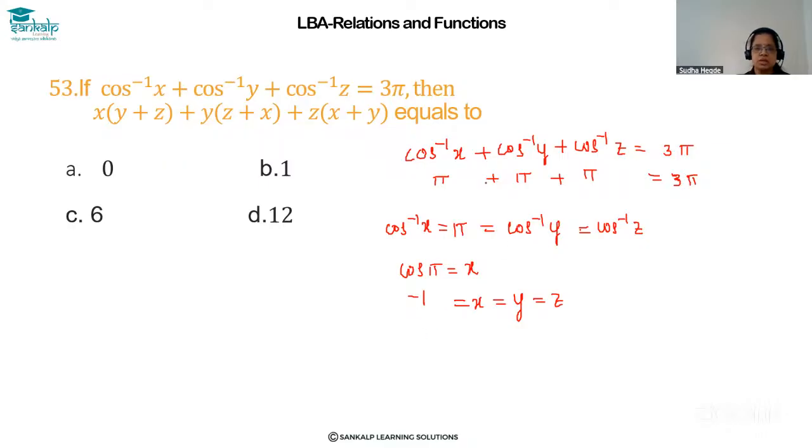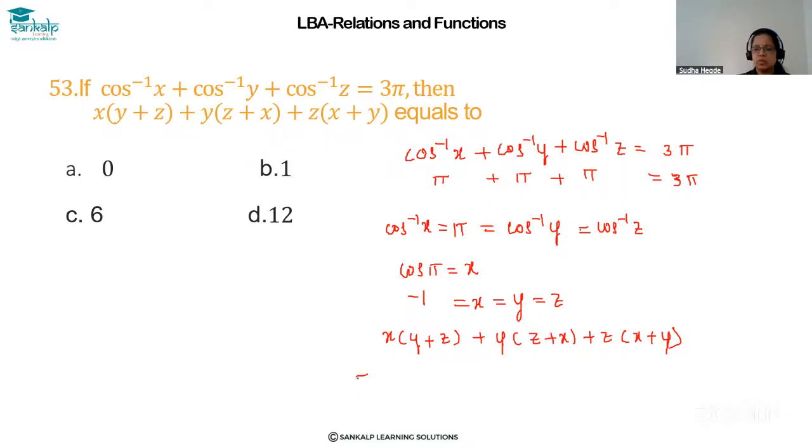Now consider the given expression. Substitute x, y, z values, you will get the answer. x into y plus z, plus y into z plus x, plus z into x plus y.